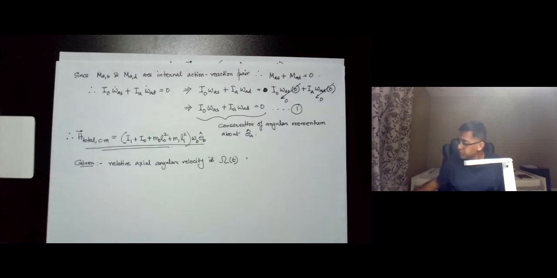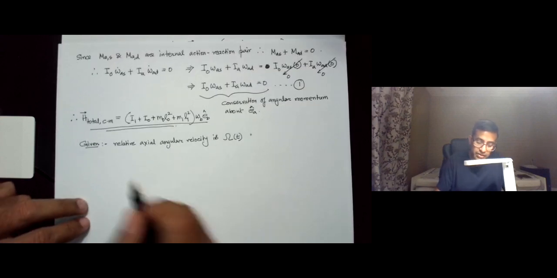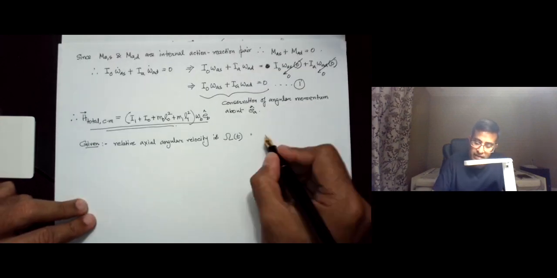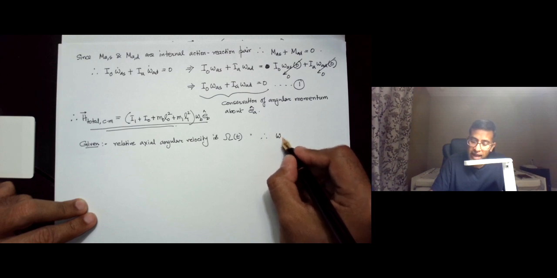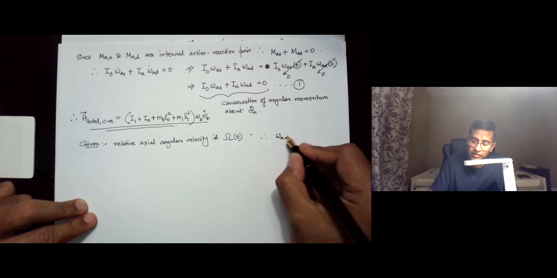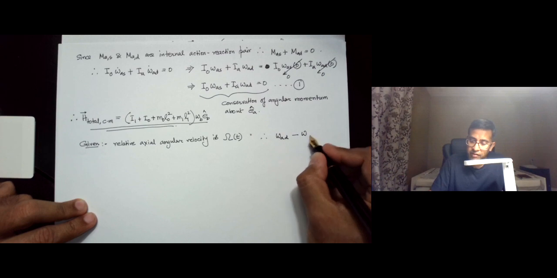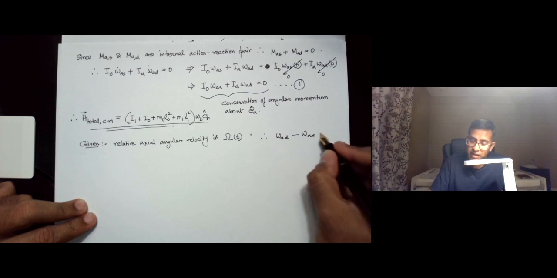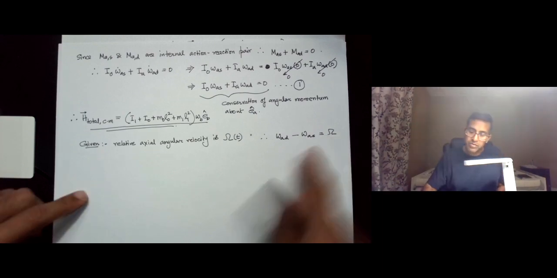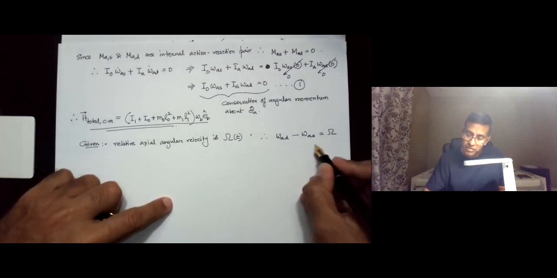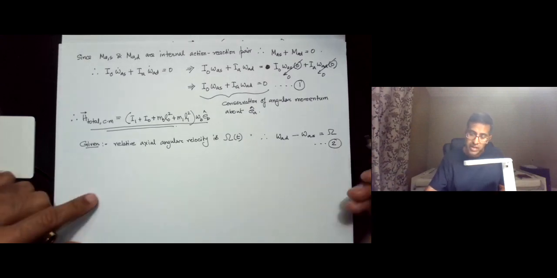So if we assume that the sphere has the larger of the two inertias along the axial direction, then at any given instant the angular velocity in the axial direction of the disk minus the angular velocity in the axial direction of the sphere is equal to omega. So the disk is faster and the net relative angular velocity is omega. This is our second equation.